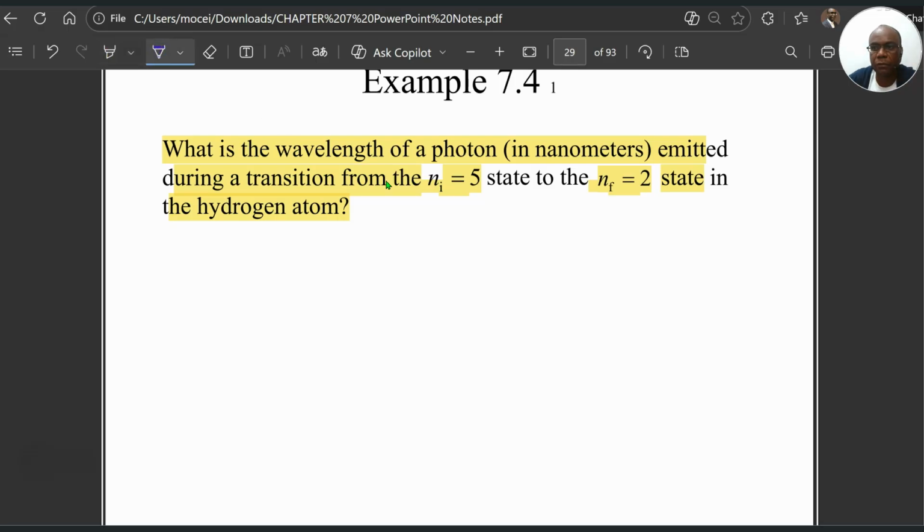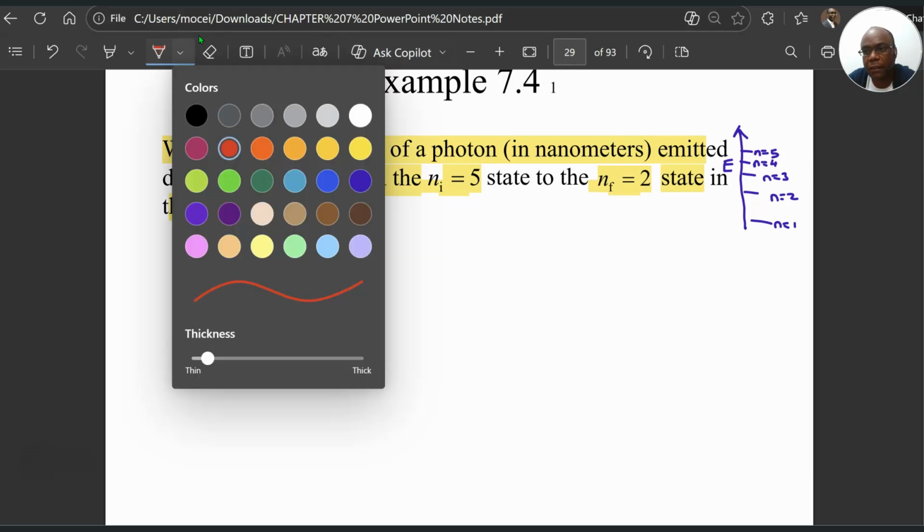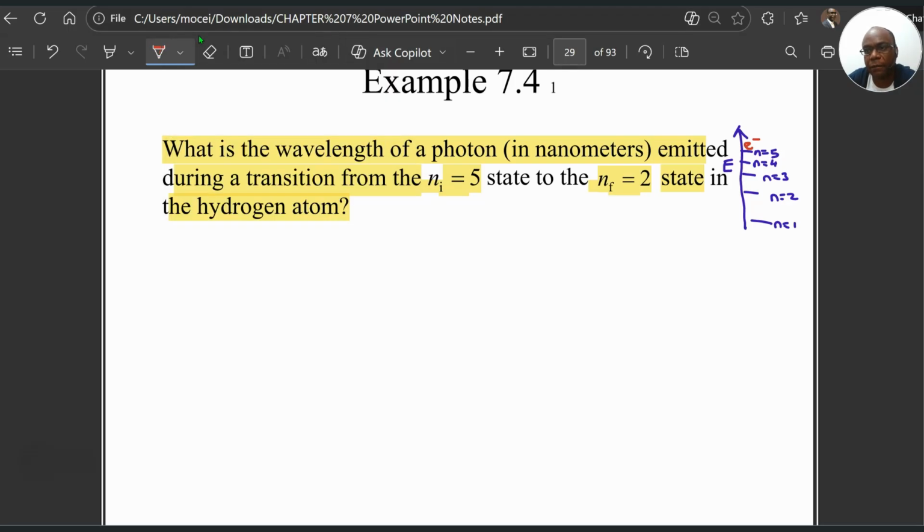So we have to understand what's happening here. Assume the y-axis is energy. This is energy level 1, energy level 2, n equals 3. They usually come closer and closer as they go up. An electron right now is on energy level 5 and is dropping all the way to energy level 2.